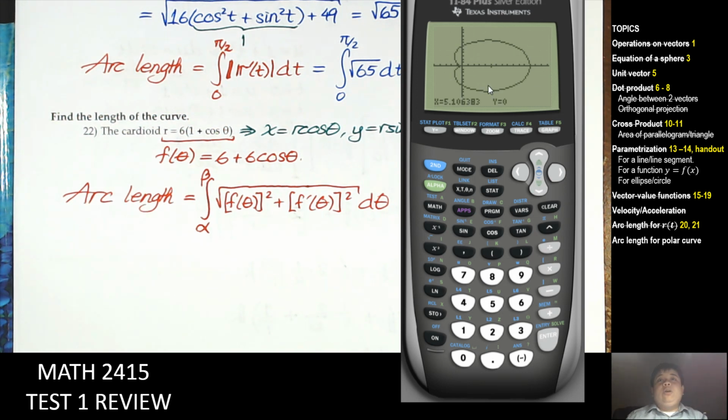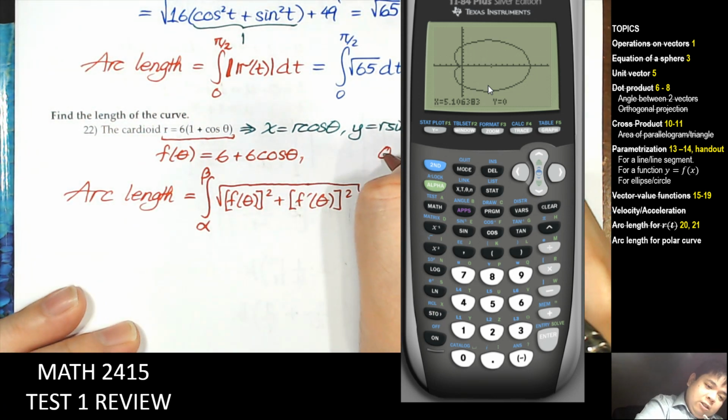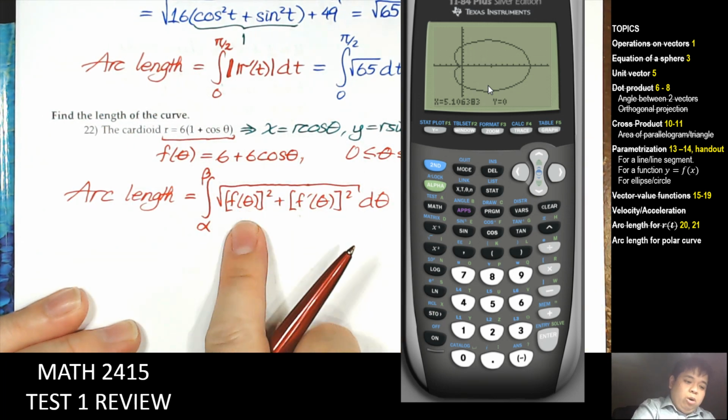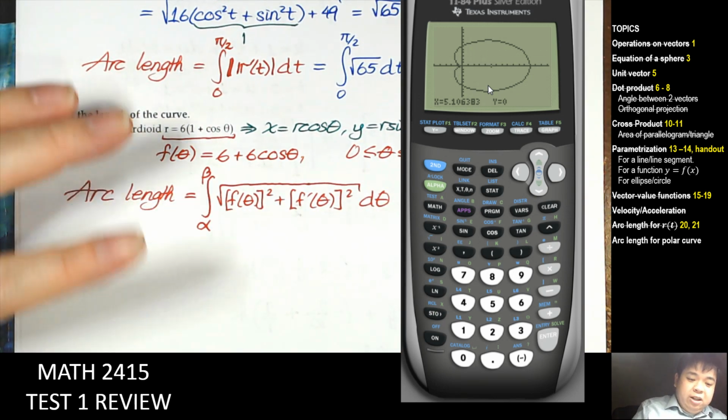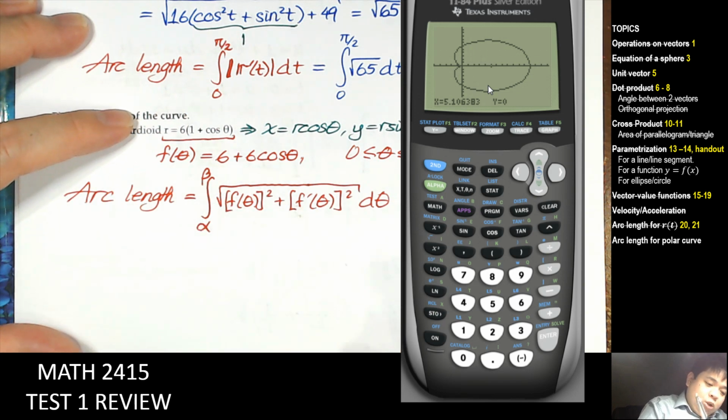You see it goes one complete revolution, the whole curve once, from 0 to 2 pi. So we have the function. We just need to take the derivative and then put in the square root.